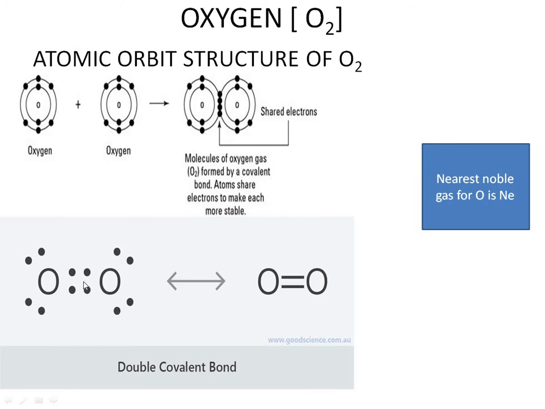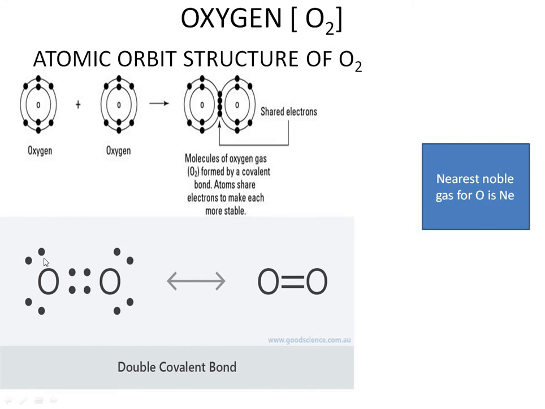But here 2 electron pairs are required, so I have drawn a double bond, that is 2 electron pairs: 1 electron pair for this bond, and another electron pair for the second. We call this a double bond. So 2 pairs of electrons, or 4 electrons, are involved in the bond formation.